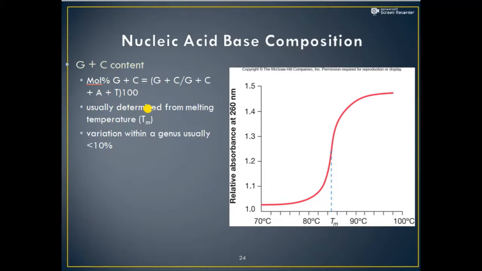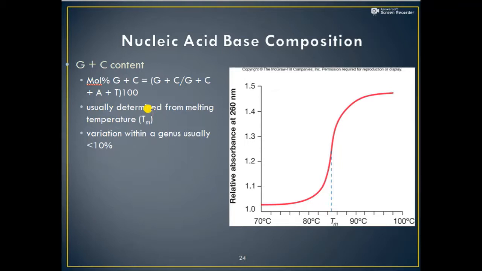Okay, so the greater the G plus C content of an organism, the greater is its melting temperature. If you have a lower G plus C content, the melting temperature of that organism will be different. So by using the nucleic acid base composition, that is the G plus C content, we can find out whether the organisms are related to each other.